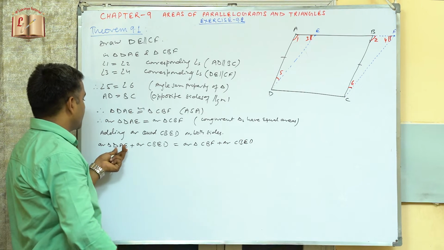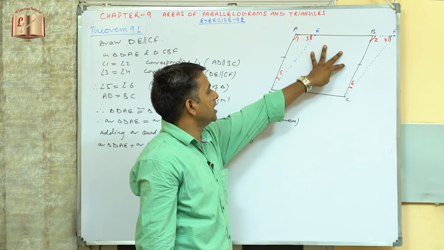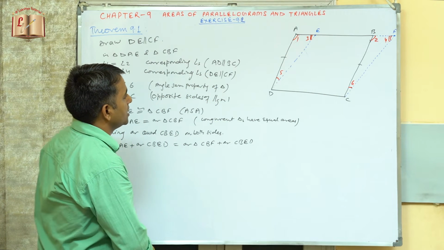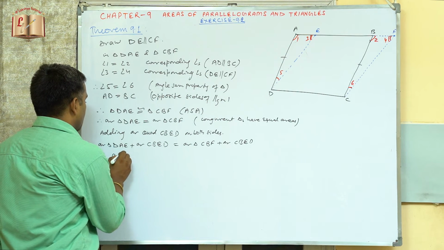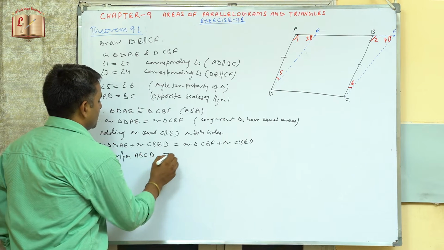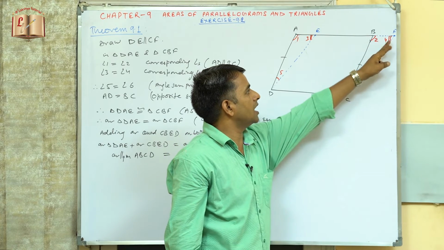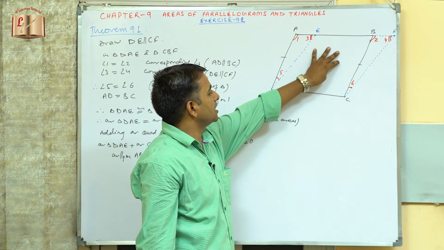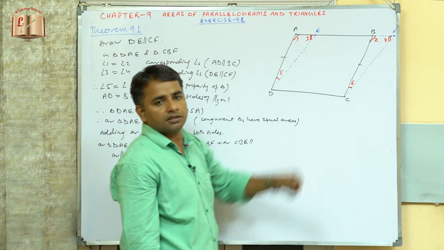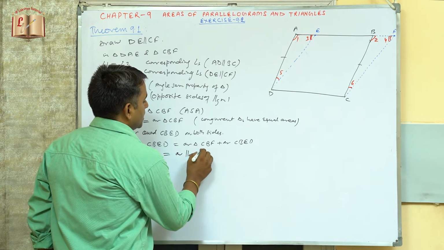Now see that area of triangle DAE plus this area will give the area of DCBE, that is ABCD. So this is equal to area of parallelogram ABCD, and it will be equal to CBF, this area plus this area, so this will be the area of DCFE.